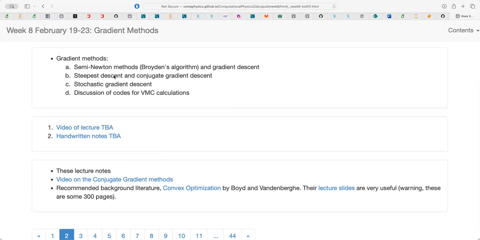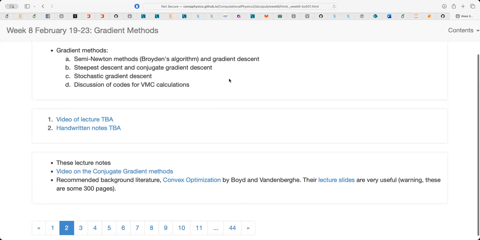So that at the end, you have to make a judgment and decide which method you want to use. But for project number 1, where we are going to have very few variational parameters, semi-Newton methods and gradient descent methods are normally those which we would end up using.